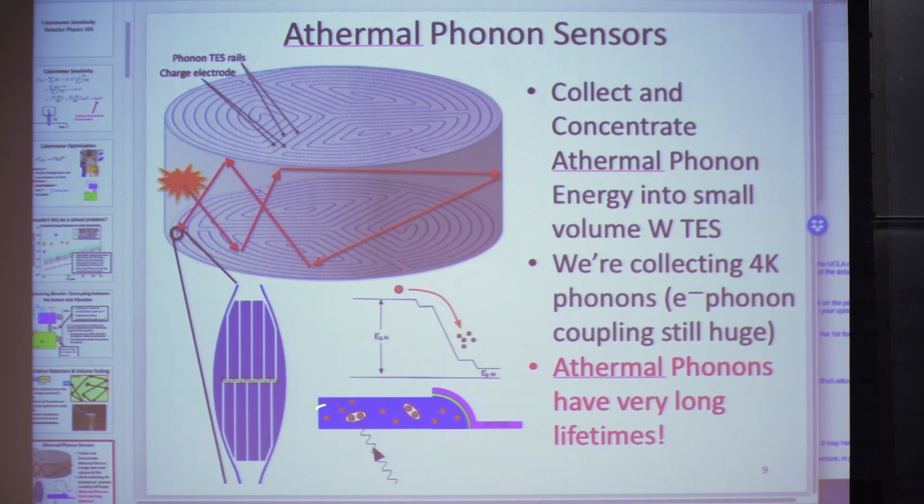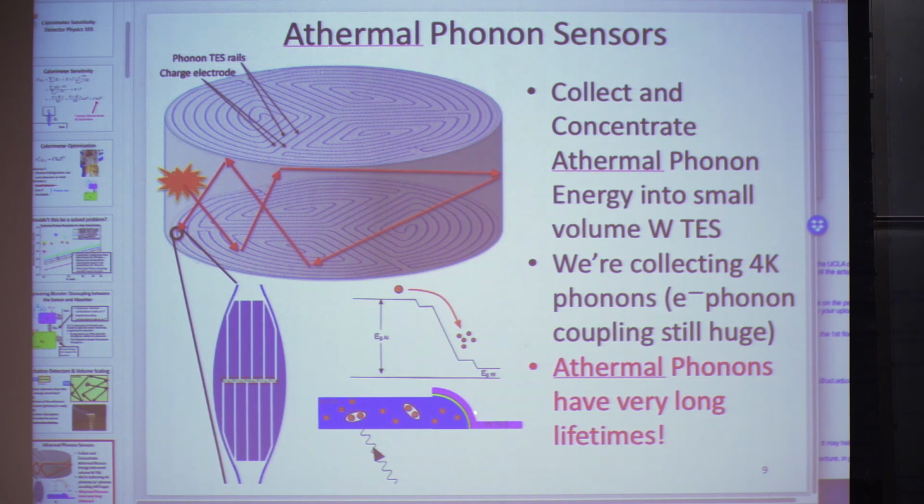Those quasiparticles will then bounce around, and eventually they get pulled into a little tungsten TES, which is just an electron film, a glorified thermometer. We could use anything to measure the temperature, but we're going to use a transition sensor in our group.